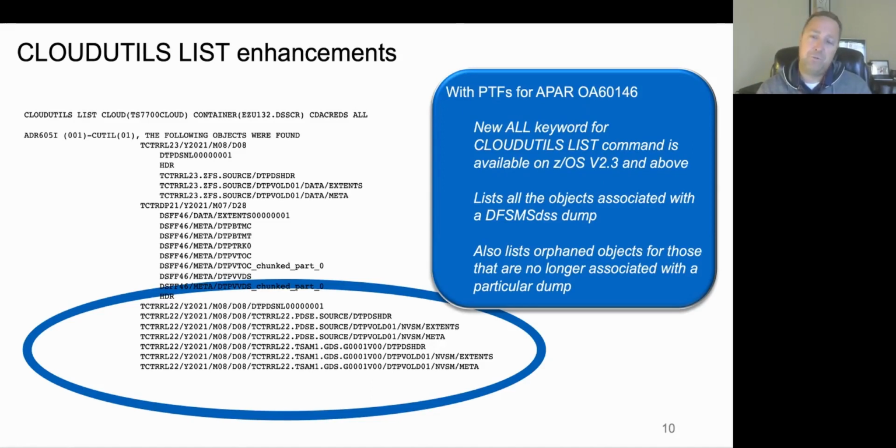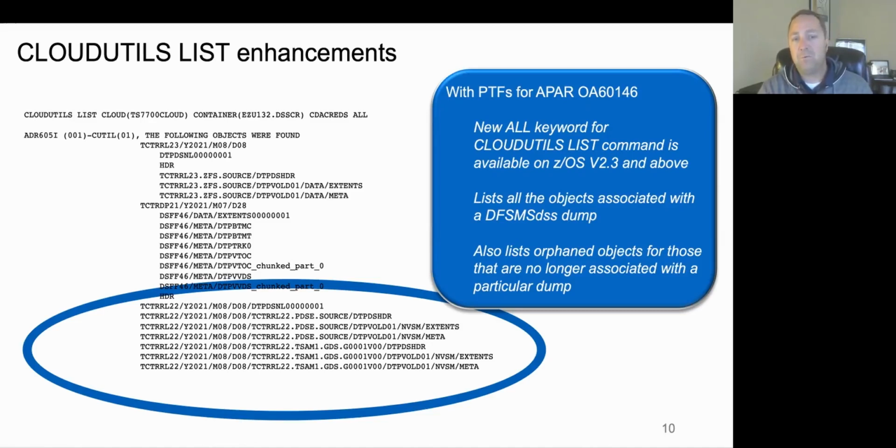We never showed you all of the objects that were associated with a particular prefix. We got some feedback, and you all would like to see a little more detail. You want to see the objects that are associated with the prefix. So we added an all keyword, and that will allow you to see, within the example here, we have a few backups, and you can see the objects that are associated with that prefix.